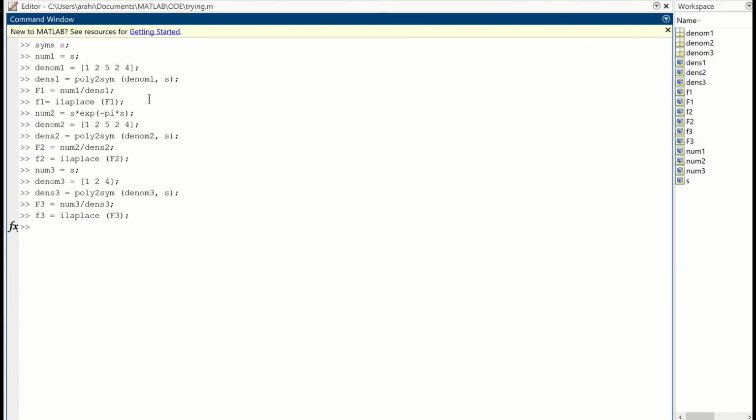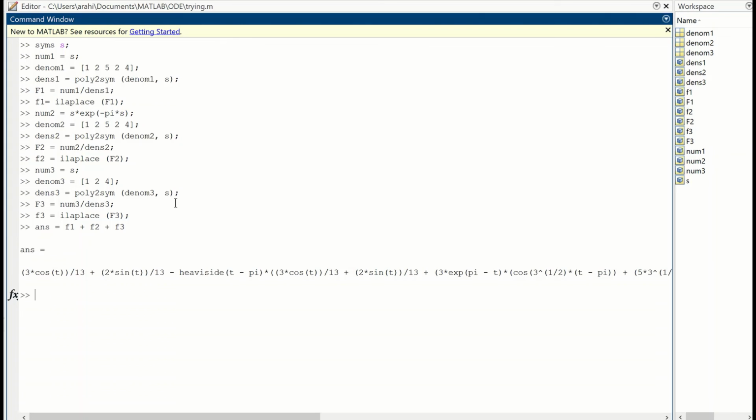And then we have already declared the first, second, and third equations. So we need to add all of them to get the final answer, that is I(t). So the answer equals F1 plus F2 plus F3, and then just press enter, and then we get the answer.